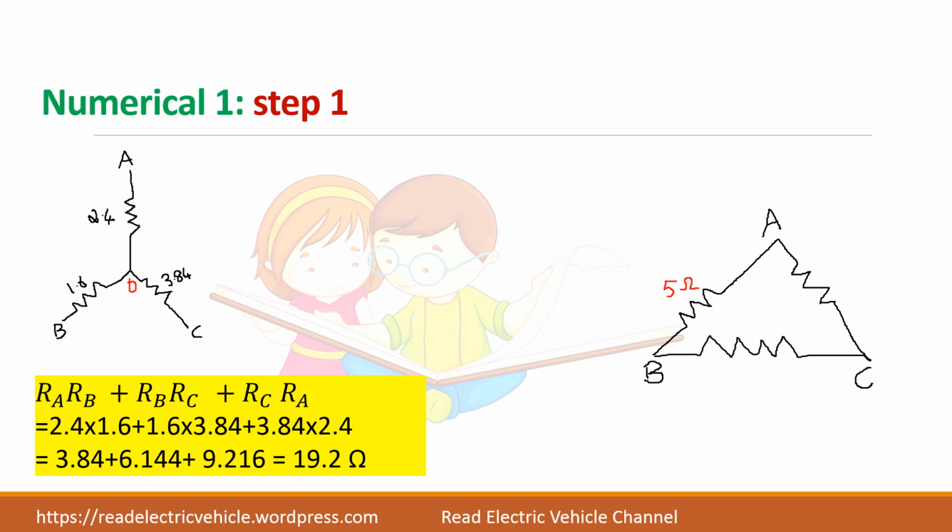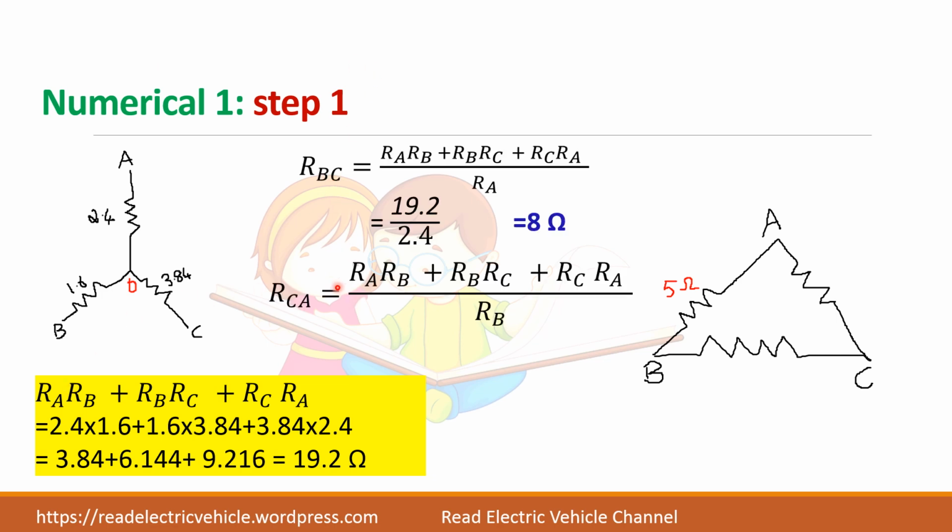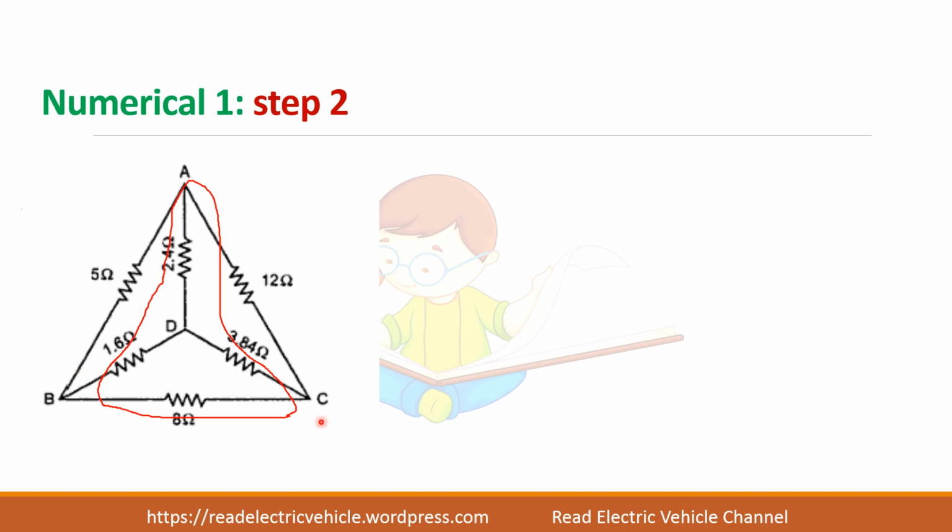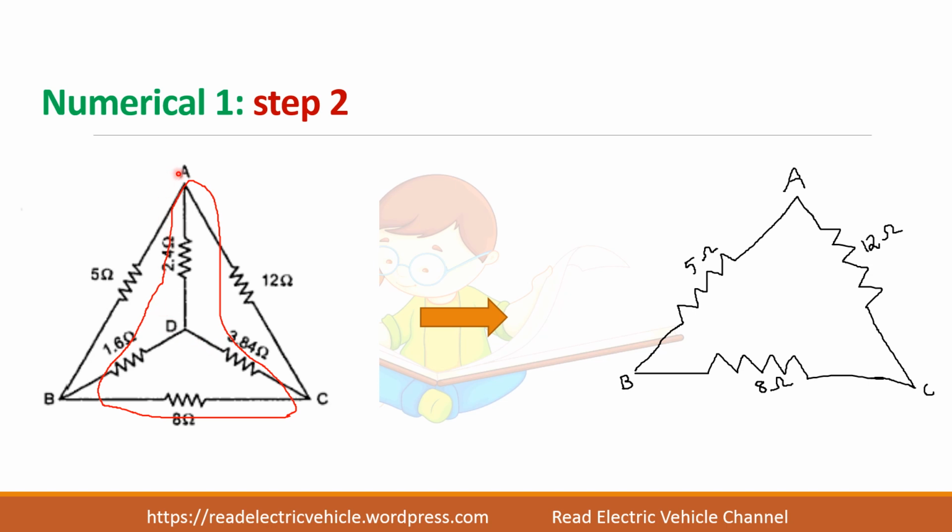Now let us find the other two resistances RBC and RCA in the same manner. We have found all three resistances, which come to 5 ohms, 12 ohms and 8 ohms. Now let us substitute this in the original network. First draw the original network ABC. So ABC I have drawn.